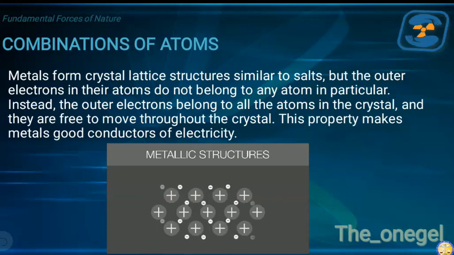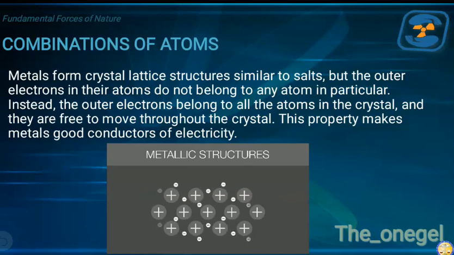Okay, so metals form crystal lattice structures similar to salts, but the outer electrons in their atoms do not belong to any atom in particular. Instead, the outer electrons belong to all the atoms in the crystal, and they are free to move throughout the crystal.